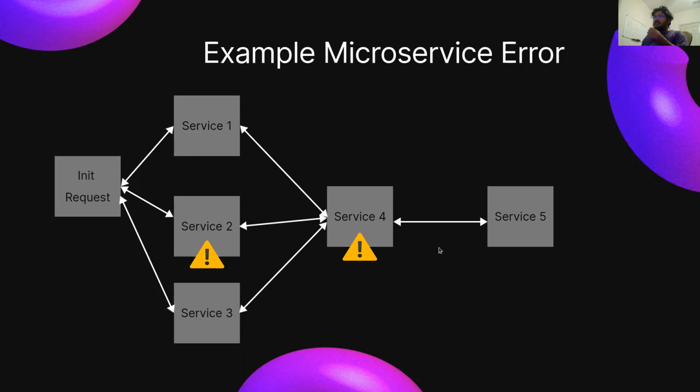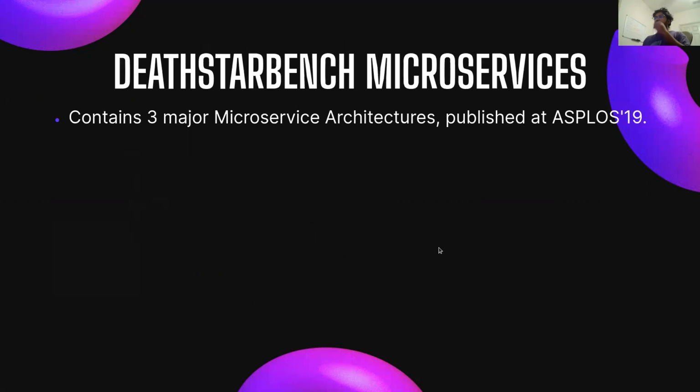This causes service 4 to take longer than it usually does, because it depends on services 1, 2, and 3 for proper functioning. Then service 5 also bugs out. So just a small bug in service 2, for whatever reason, causes the entire network, or the entire graph, to get buggy, affecting end user performance.